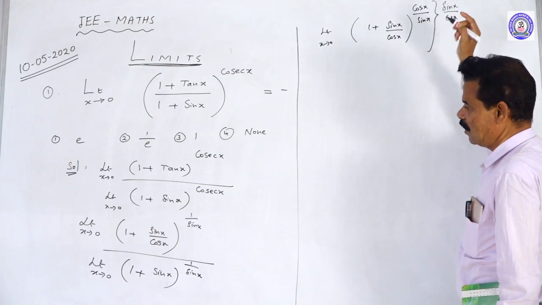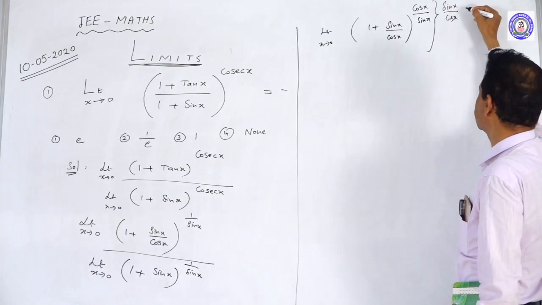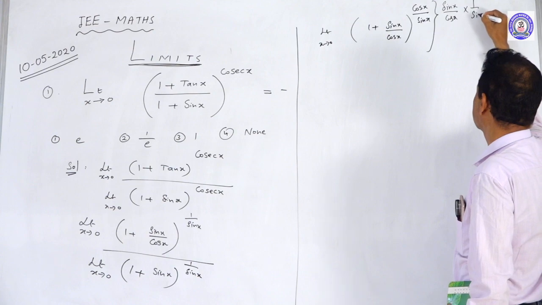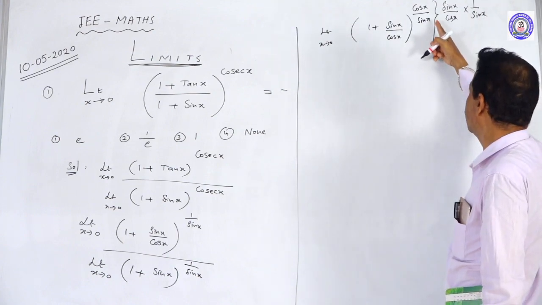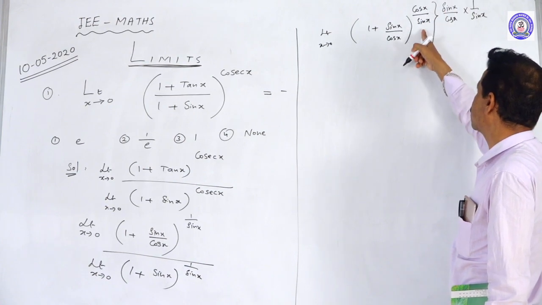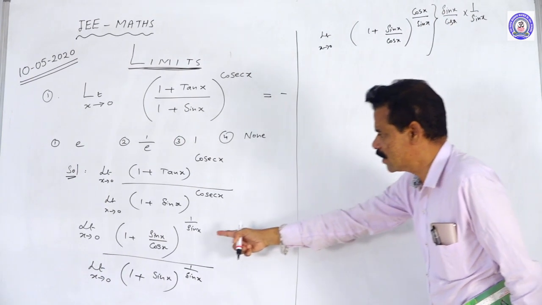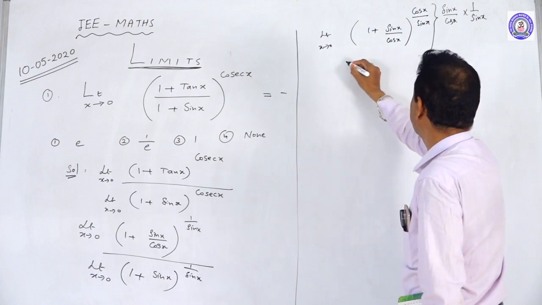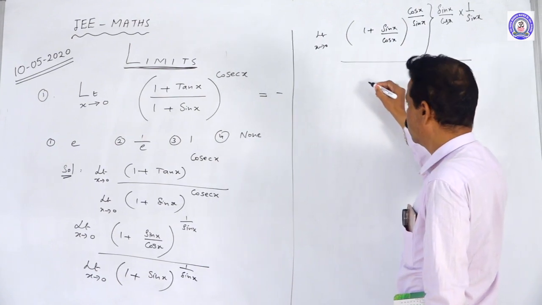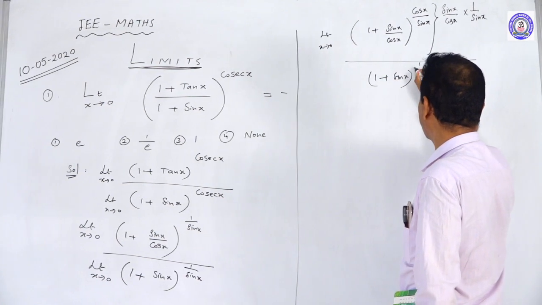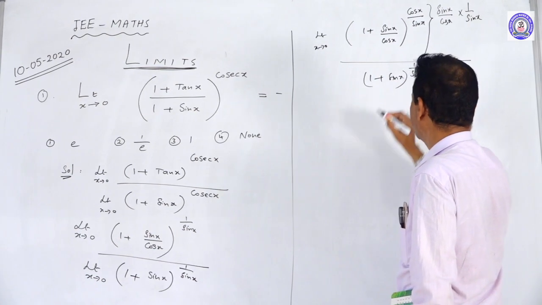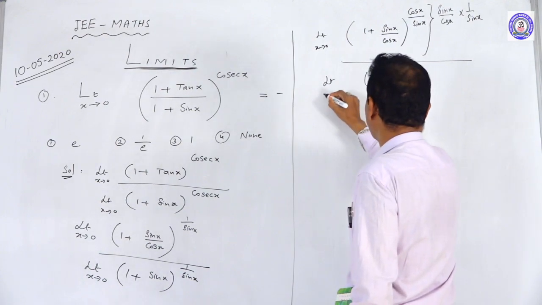These are cancelled, but there is the power 1 by sin x. Again in the numerator, cos by cos cancels, sin by sin cancels, only 1 by sin x remains. After this, the denominator is (1 plus sin x) power 1 by sin x, where limit x tends to 0.